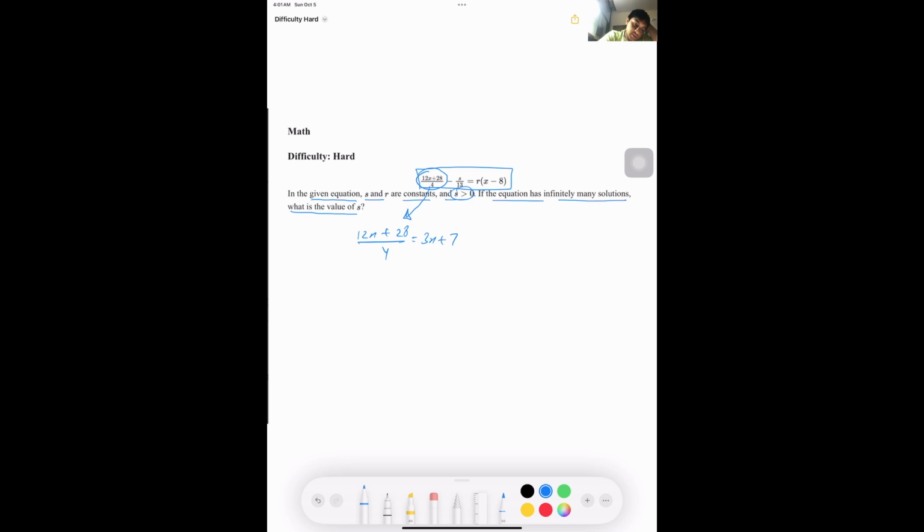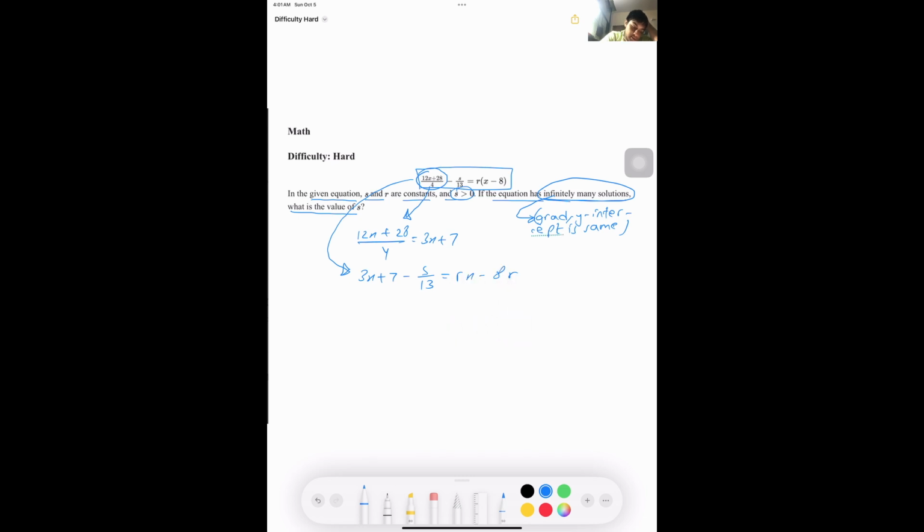Now it is also given that it has infinitely many solutions. So this means the gradient and y-intercept are the same. So we have 3x + 7 - s/13 equal to rx - 8r.